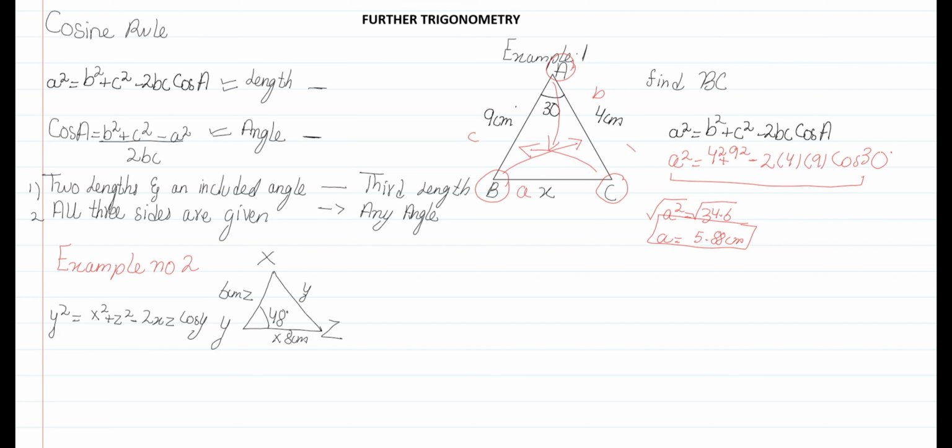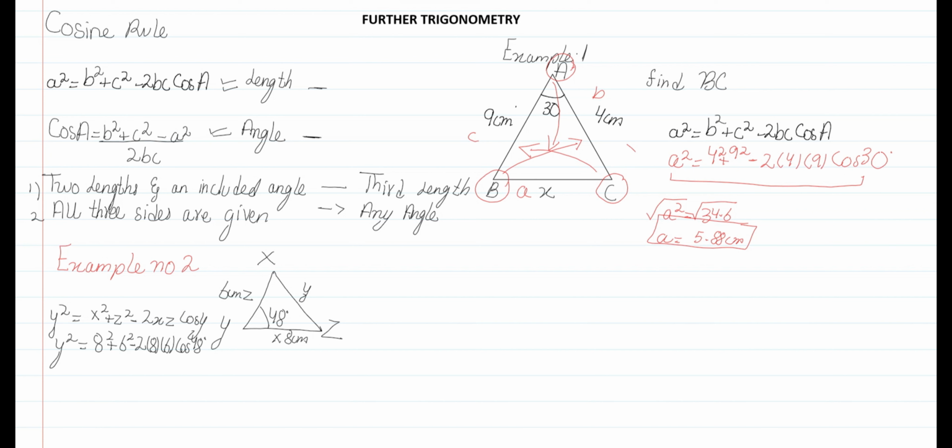Now just plug in the values. So you have to find out the value of y square. So the value of x is 8 centimeter, so 8 square, plus the value of z is 6 square, minus 2, the value of x is 8, the value of z is 6, and again cos, and the angle y is basically 48 degrees.